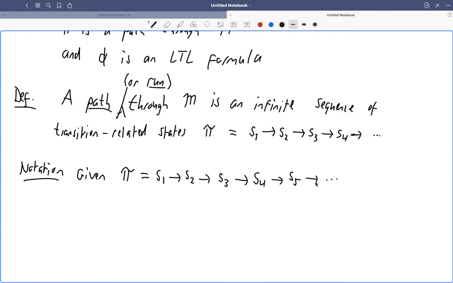Okay, so I suppose we're given such a path pi starting at S1, then we define pi superscript i to mean the same run but shifted to start at state Si. So that is the same path that we get, but starting from Si.